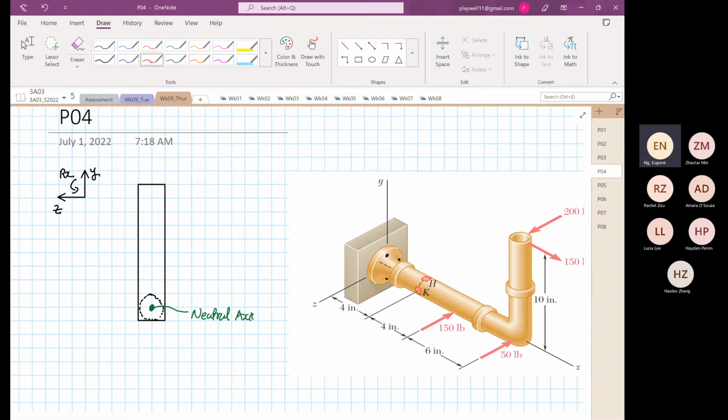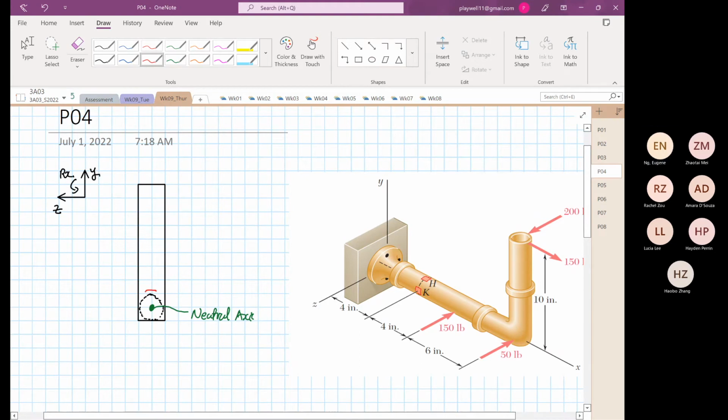And then we put in our element H, right? And this over here is our element K. Okay, I need more space for that. So over here, this is our element K.